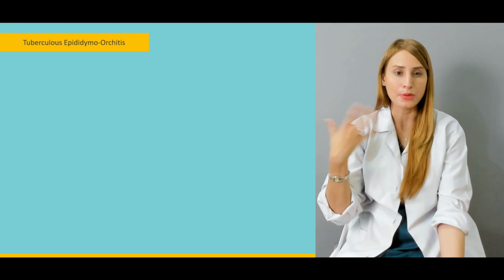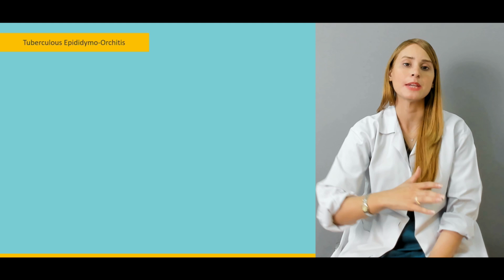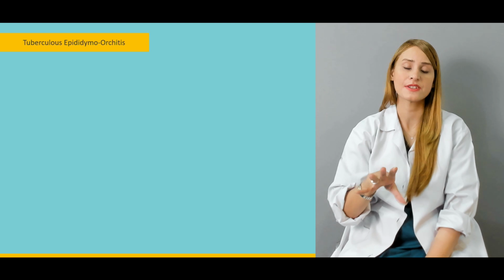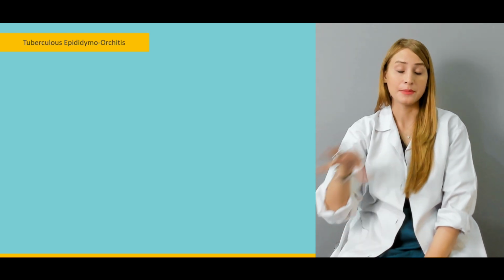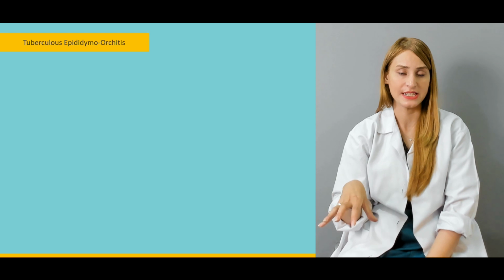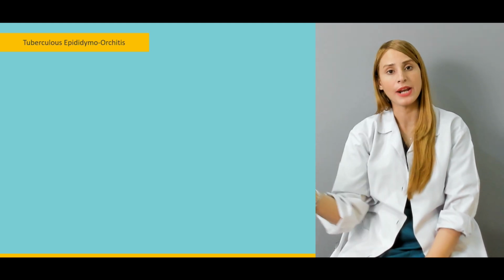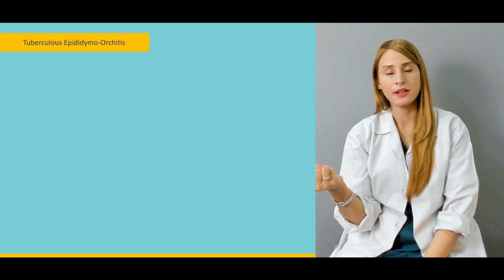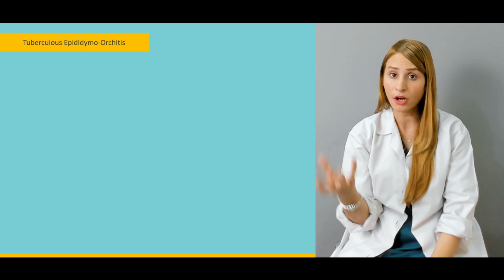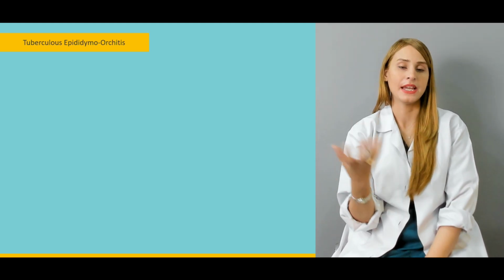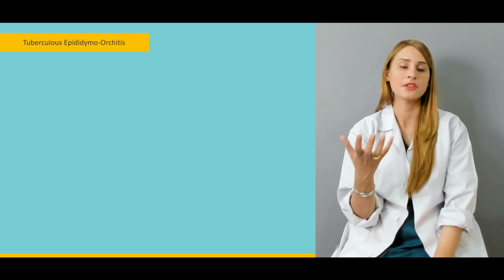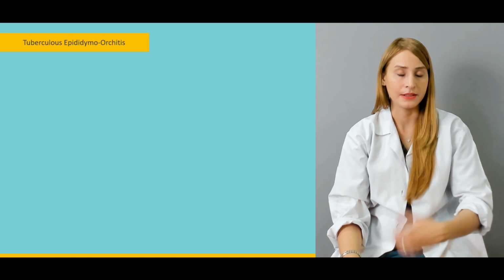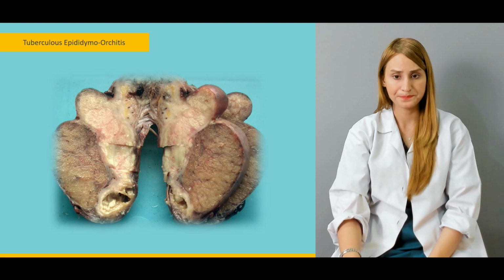There can be a primary tuberculous epididymo-orchitis, and there can be secondary epididymo-orchitis. In the primary, the focus of the infection is only in the epididymis or the testes, and in the secondary the focus can be somewhere else, like abdominal tuberculosis or pulmonary tuberculosis, and there can be a kind of seeding of that Mycobacterium tuberculosis in the epididymis and the testes as well.